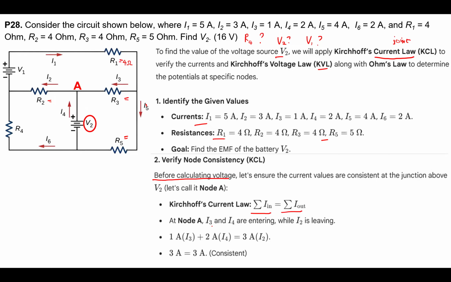At node A, I3 and I4 are coming in, and I2 is coming out. So I3 plus I4 should be the same as I2. 1 ampere plus 2 ampere is 3 ampere, so this current is consistent, satisfying Kirchhoff's current law.